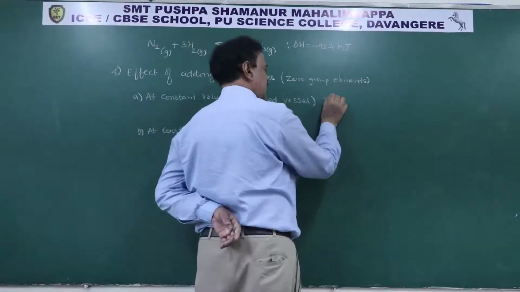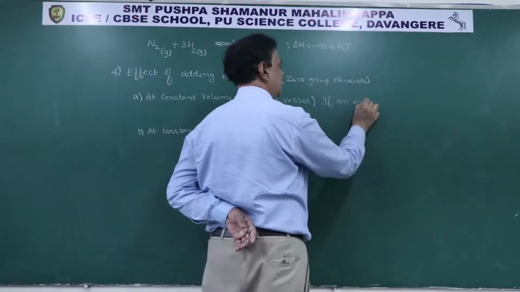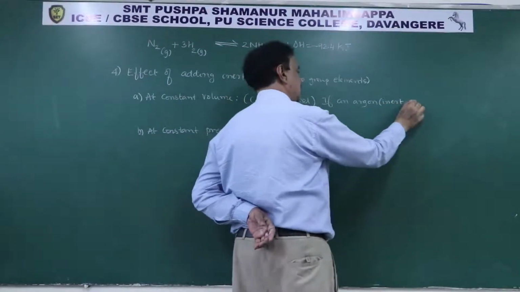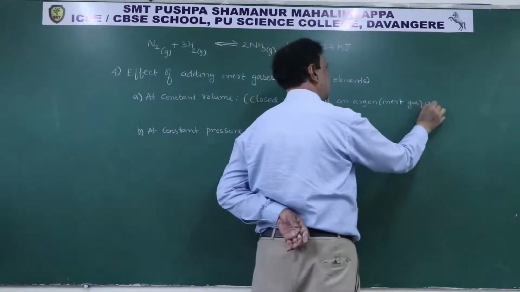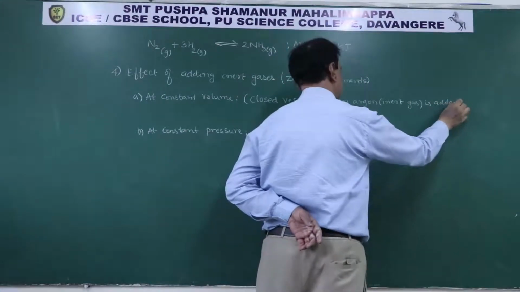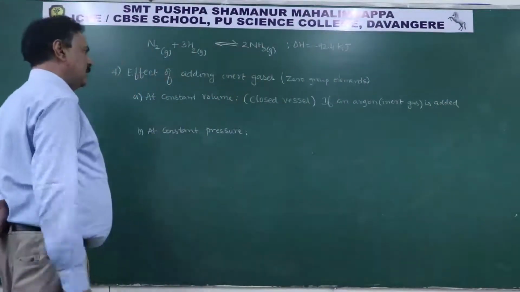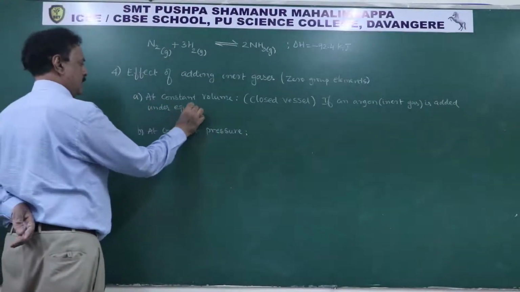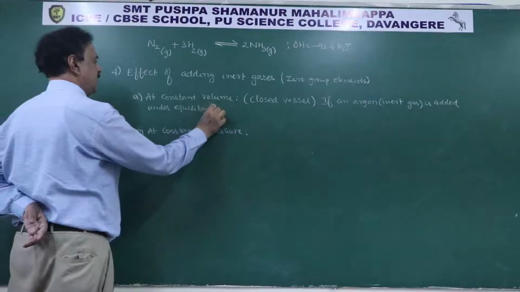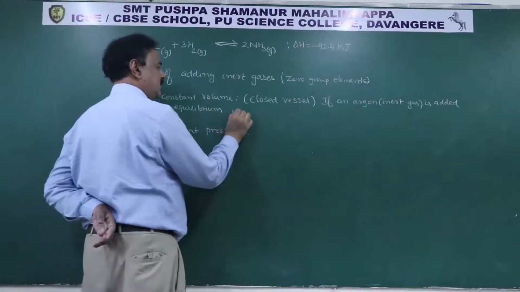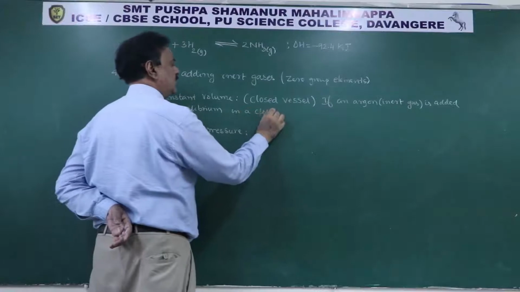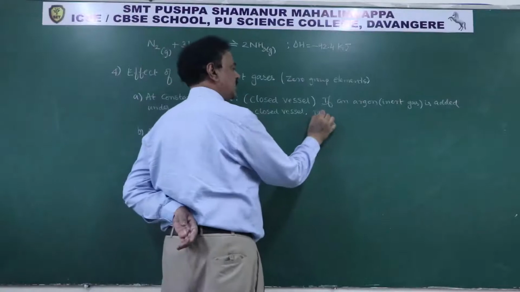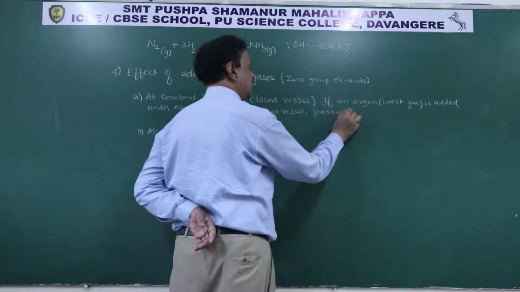If argon, which is an inert gas, is added under equilibrium in a closed vessel, what happens? Pressure increases because the volume is fixed.